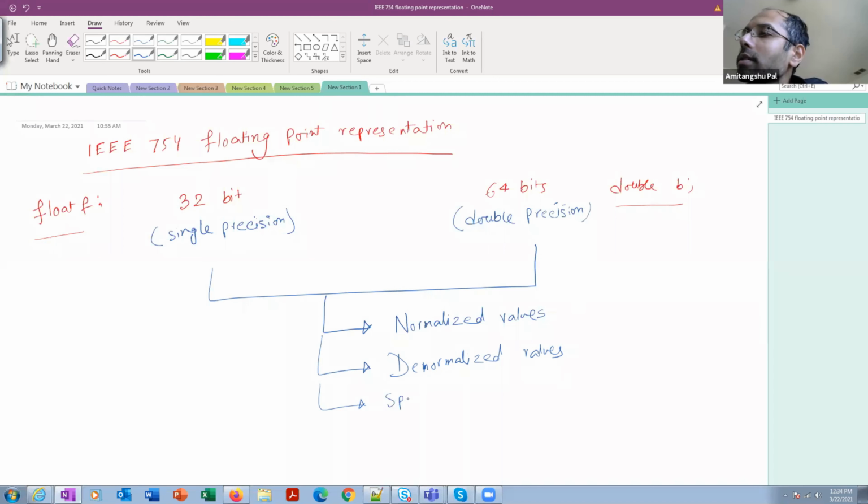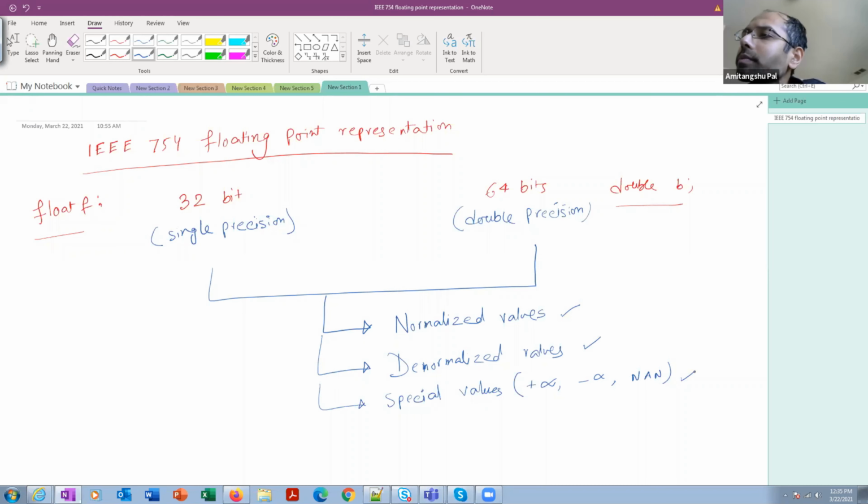And other than that, there are some special values like plus infinity, minus infinity, or 0 by 0, which is called not a number. These values are basically special values. So we are going to learn how we represent special values in floating point representation. Okay. So we're going to learn normalized values, denormalized values, as well as special values.